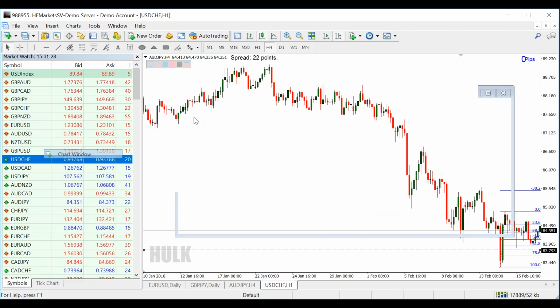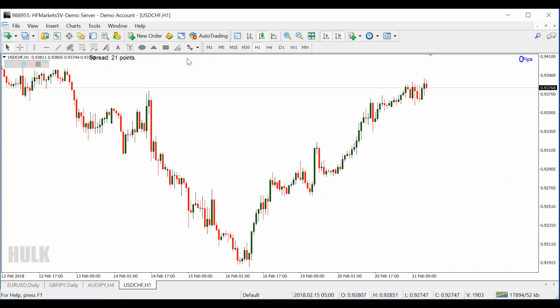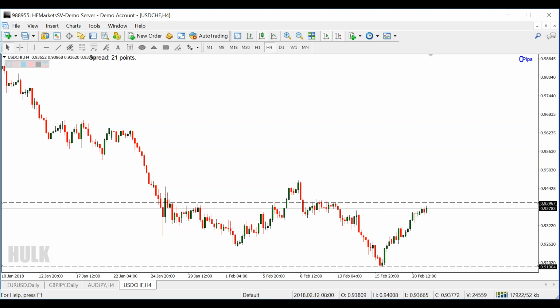Let's say USD CHF. This one. Ini support. Ini resistance. Ini resistance.